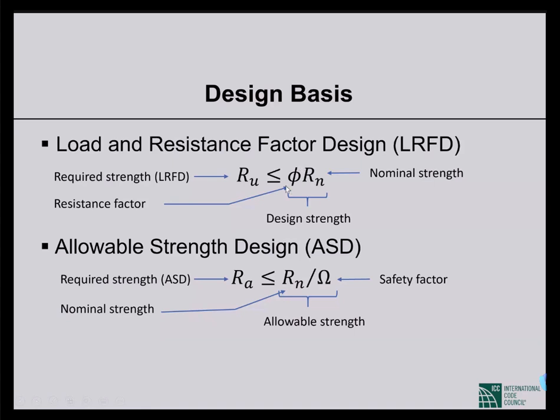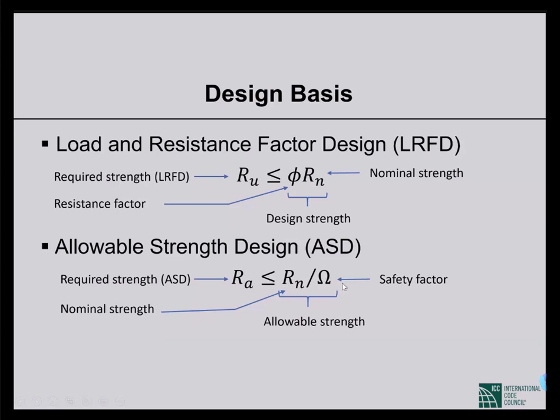What we do for ASD is that we calculate the nominal strength for the ultimate case. That is the inelastic capacity. Then we use a safety factor. This is not factor of safety, this is safety factor.